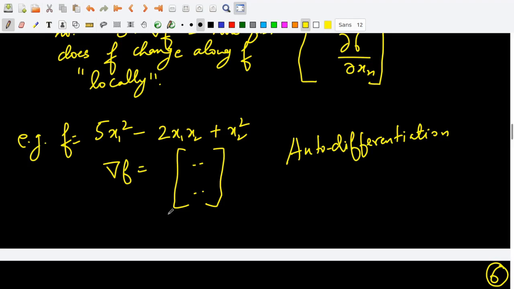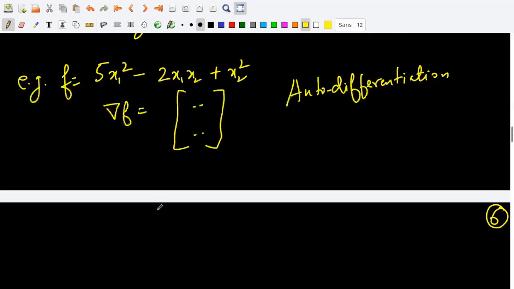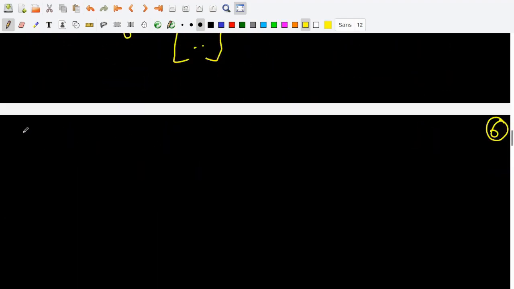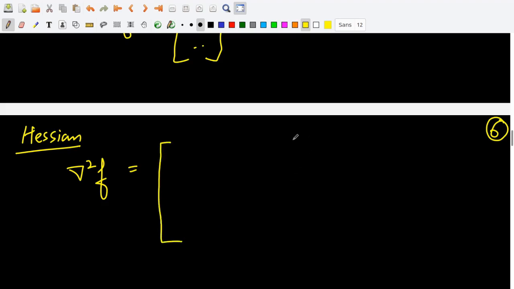Okay, so what about the second derivative? The second derivative of a function is called the Hessian, and it is denoted as grad square f, and it's a matrix of size n cross n, and it has second order partial derivatives as its terms.